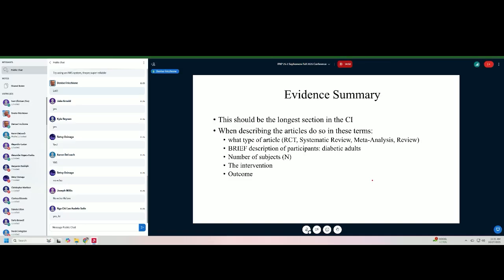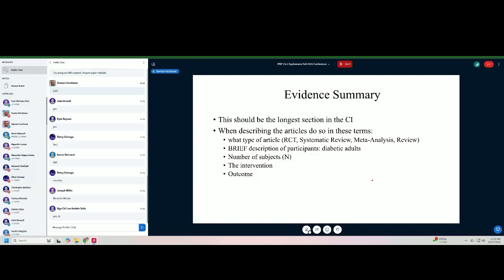Was it a randomized control trial, a meta-analysis? Was it a simple literature review? A lot of times, articles will say, even in the abstract, this was a randomized control trial or this was a systematic review. If they don't, then it's likely just a literature review.